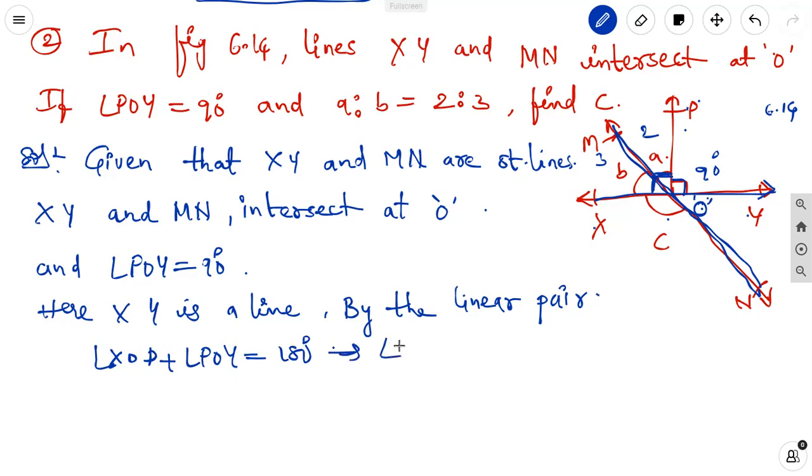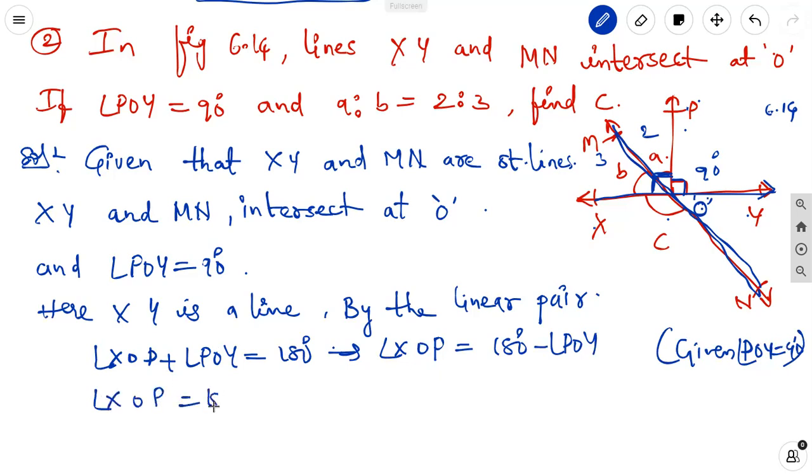From this, angle XOP is equal to 180 degrees minus angle POY. They have given angle POY equal to 90 degrees. So angle XOP equals 180 degrees minus 90 degrees, which equals 90 degrees.